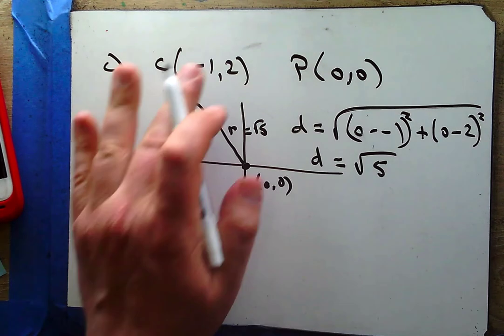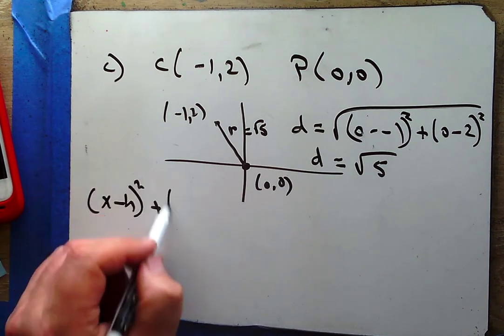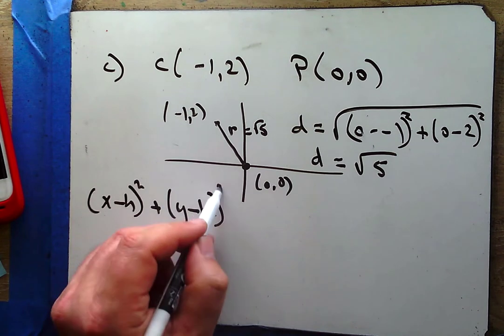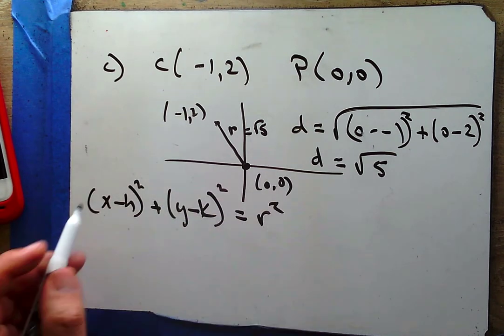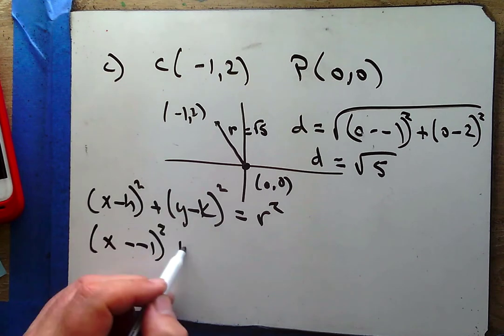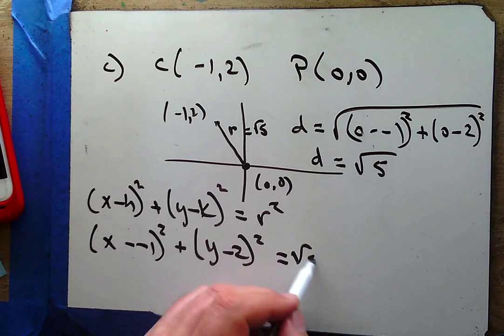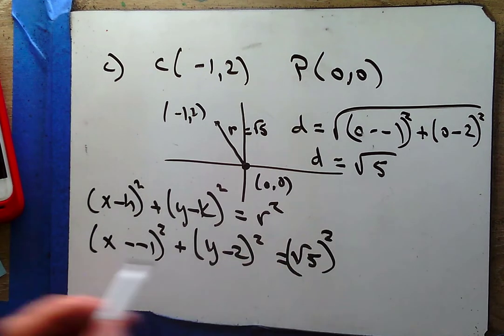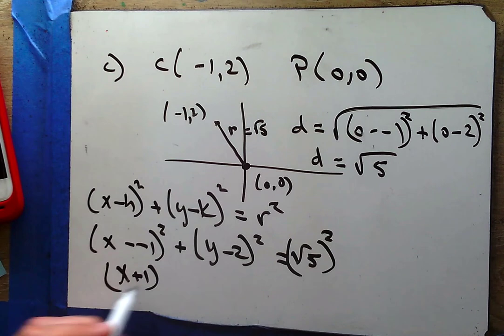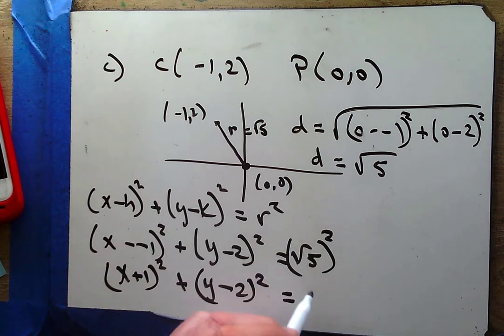And then because I know the center, x minus h squared plus y minus k squared equals radius squared. So x minus negative 1 squared plus y minus 2 squared equals square root of 5 squared. And so I get x plus 1 squared plus y minus 2 squared equals 5.